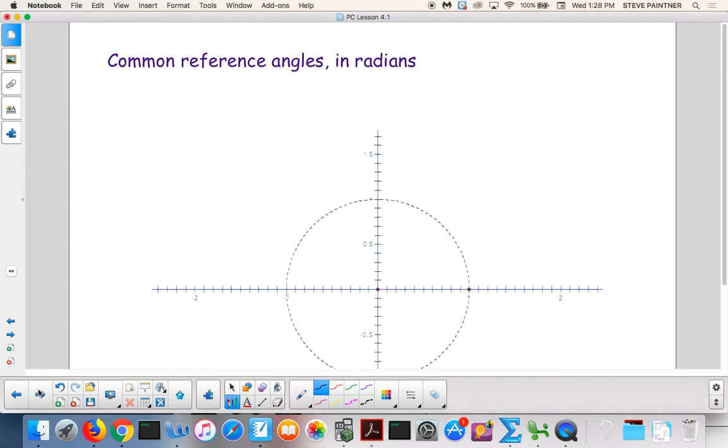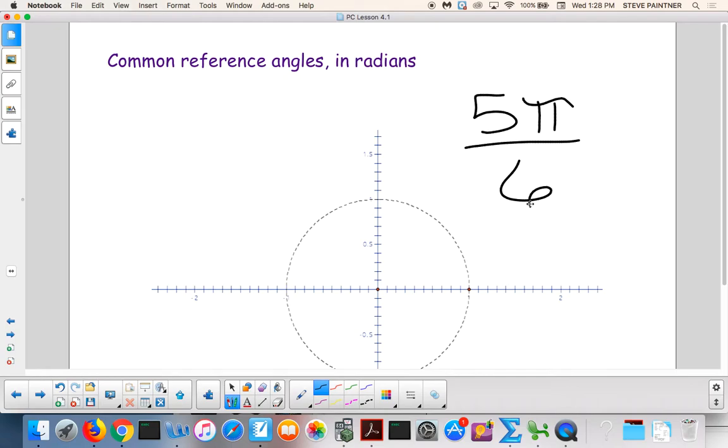Okay, next. Common reference angles in radians. Will you do me a favor? Just try your best. Would you graph it? I haven't told you hardly anything. I'm not sure if you can do that, but maybe you can.